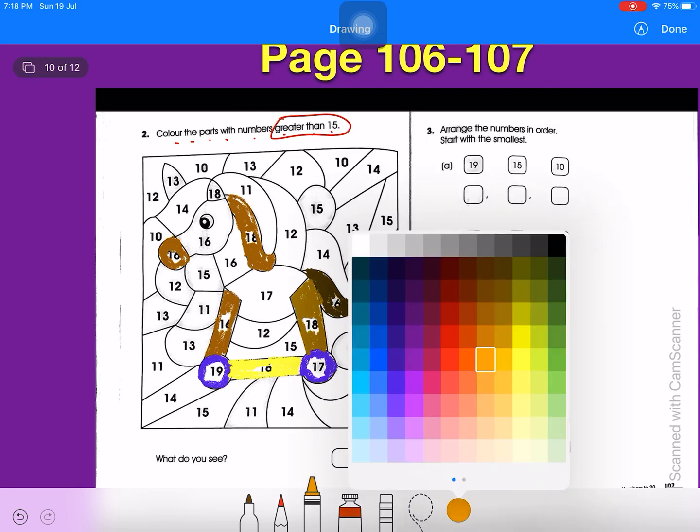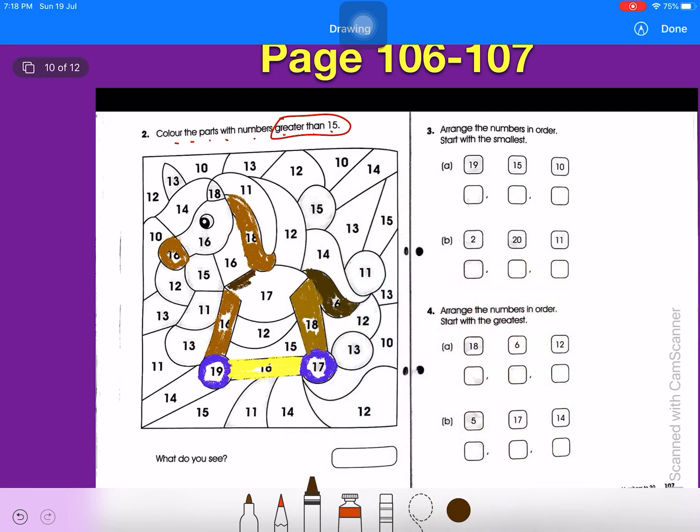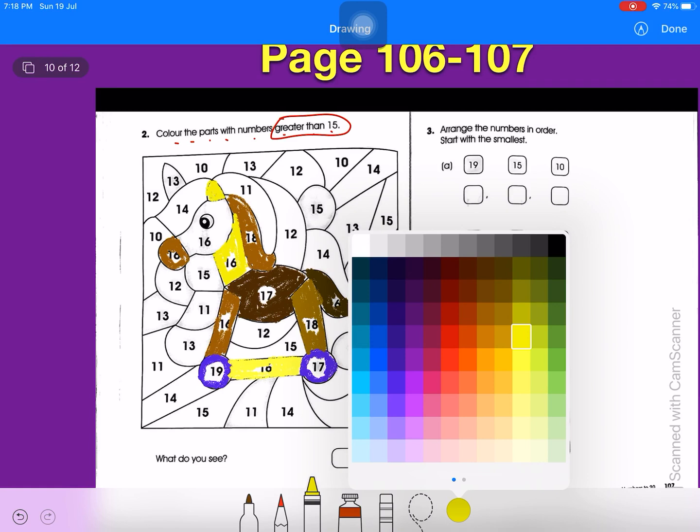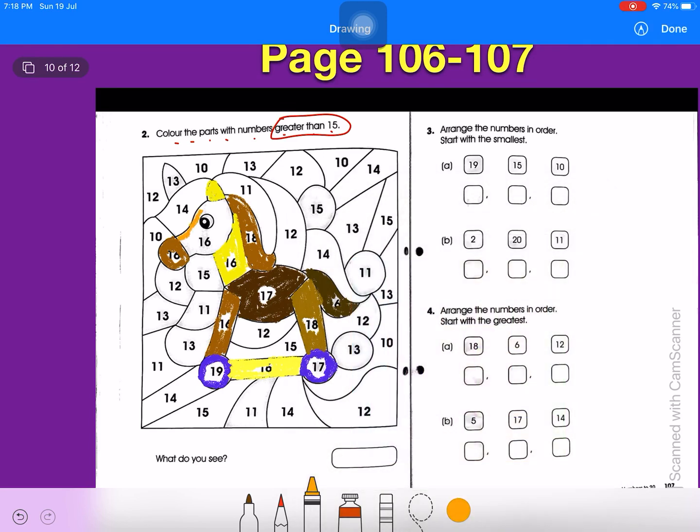And then what else? Here. Okay, 15 cannot.